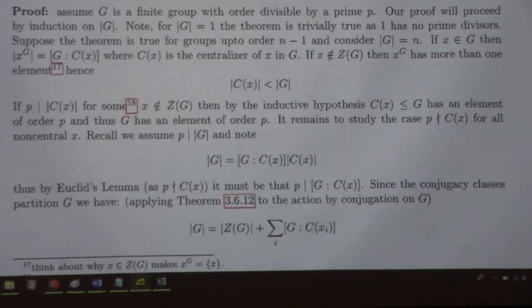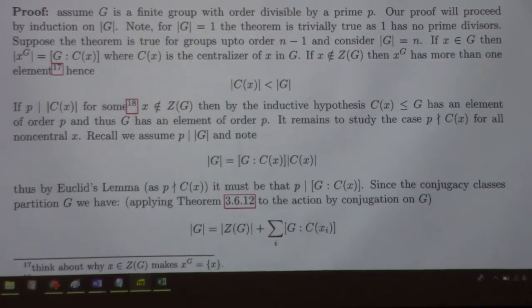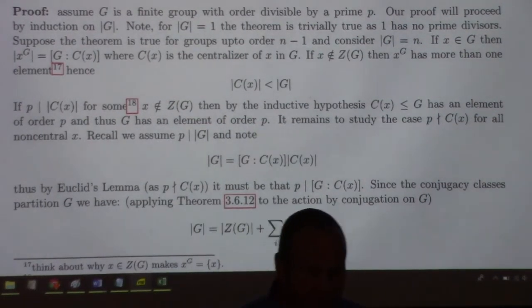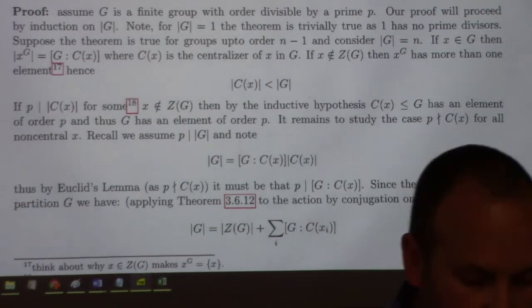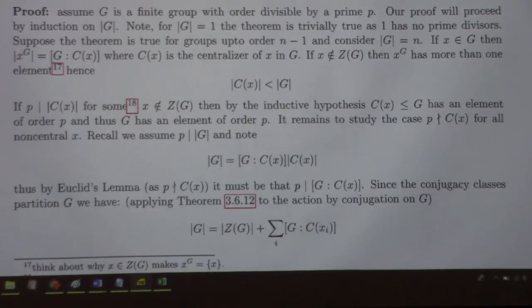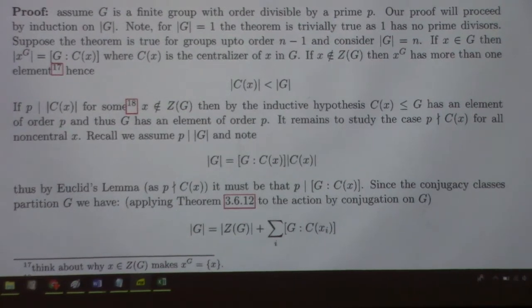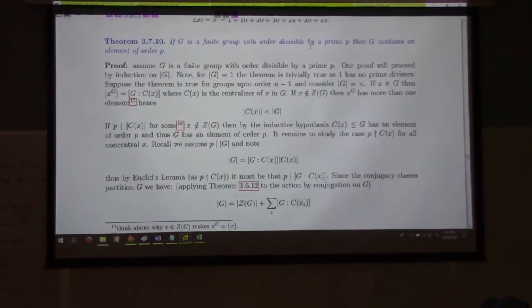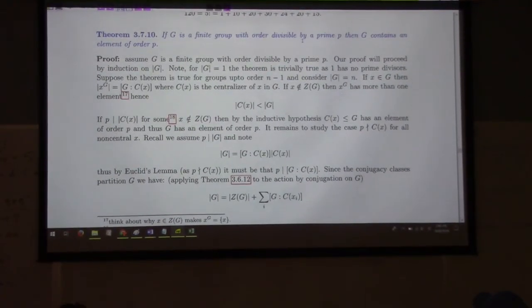And the proof is important because it introduces you to a technique which we have maybe not done in here yet. So I think it's definitely worthwhile going through this proof. But this is the theorem. If G is a finite group with order divisible by a prime P, then G contains an element of order P. And the proof is actually going to use the orbit stabilizer theorem and the conjugacy group action.